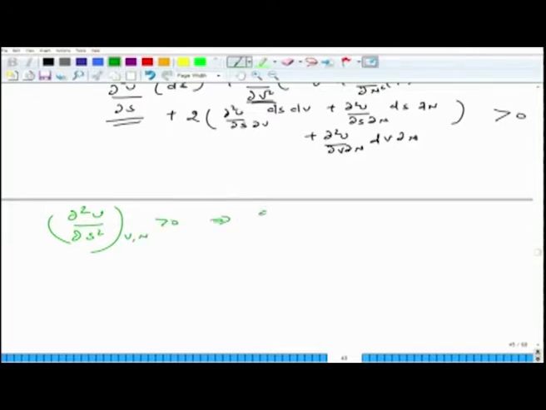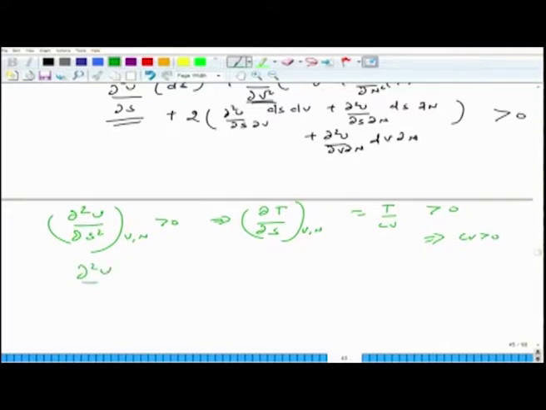This is nothing but del T by del S, because del U by del S is nothing but T, and this is nothing but T by Cv, and this has to be greater than 0, which means, because T by definition has to be greater than 0, Cv is greater than 0, okay.